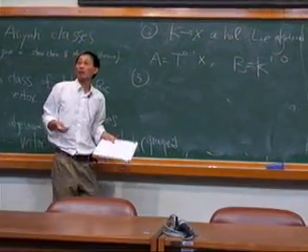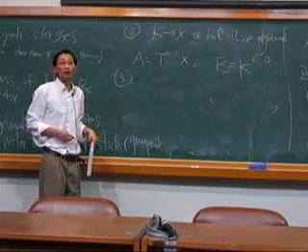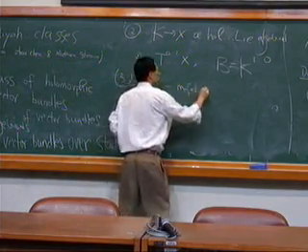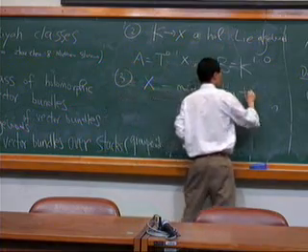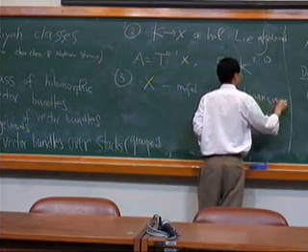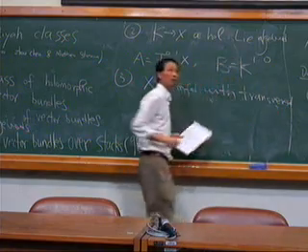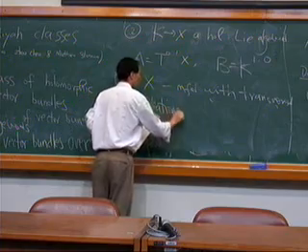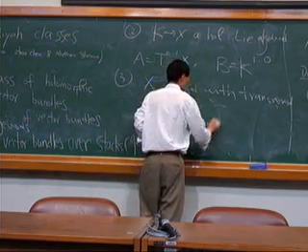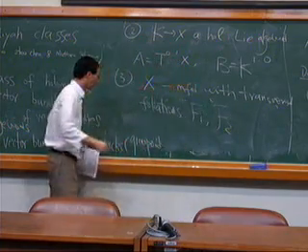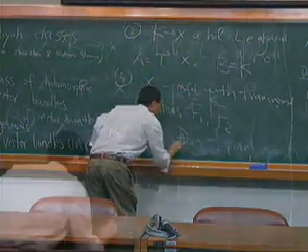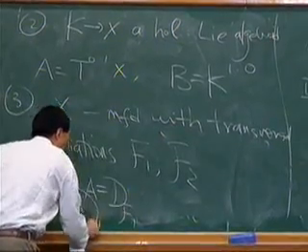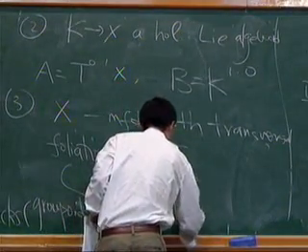And in real geometry, matching pairs also appear very naturally. For instance, X is just a manifold with transversal foliations. And then obviously the distributions corresponding to these two foliations are matching pairs.